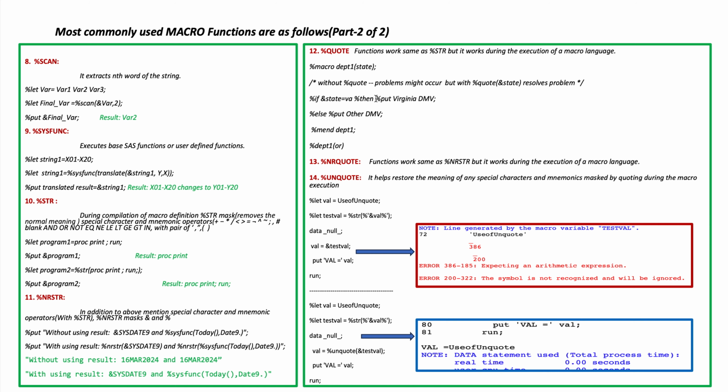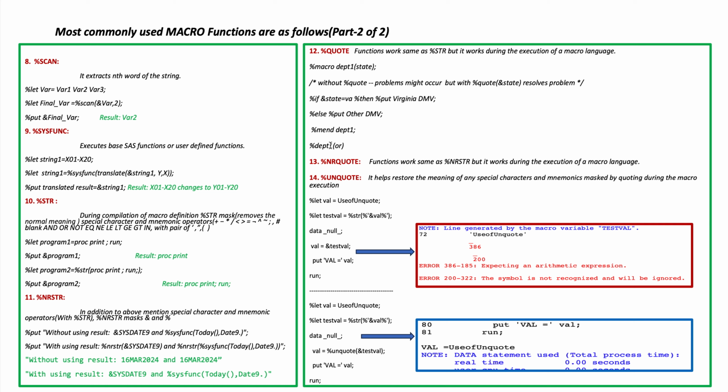That means it will print in our log window. %else %put other DMV. If not, it will print other DMV. It ends the macro with %mend dpt1, and we are calling the macro here, %dpt1. Suppose we are going to give the name of the state, Oregon, OR.